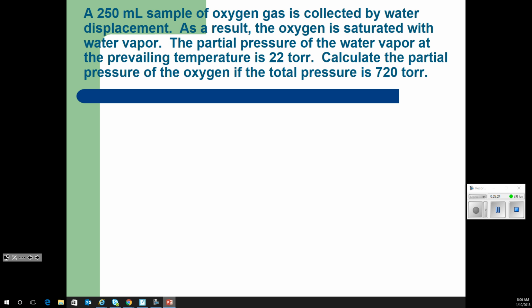Okay, now we're doing another one. All right, going back through. A 250 milliliter sample, that's the first volume I come to, of oxygen gas. It's collected by water displacement. Okay, we did this in lab. As a result, oxygen is saturated with water vapor. So I'm thinking, okay, I've collected this, it's bubbled up through, I've got pressure of H2O, and I've got pressure of O2 up here underneath the water.